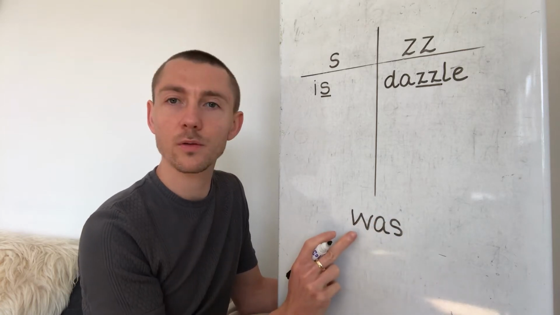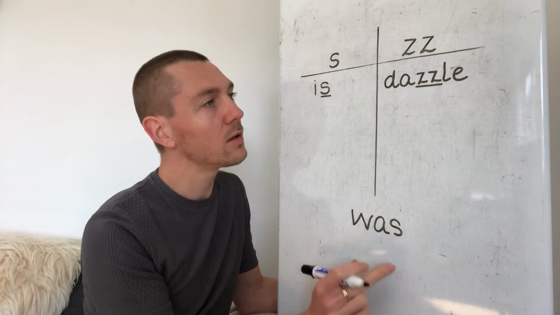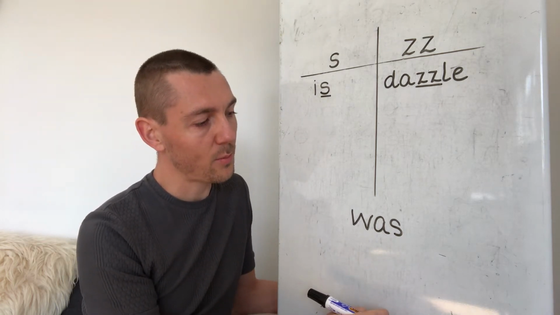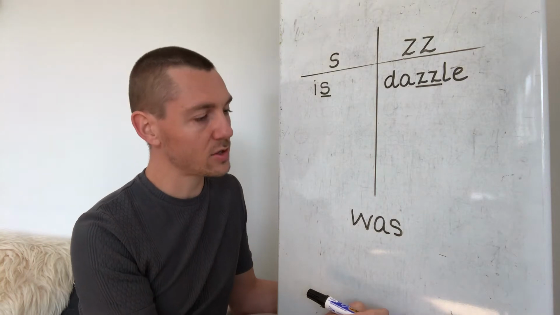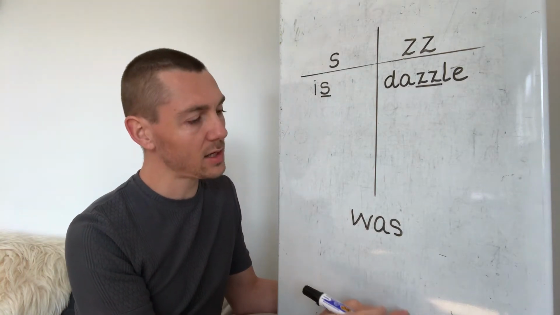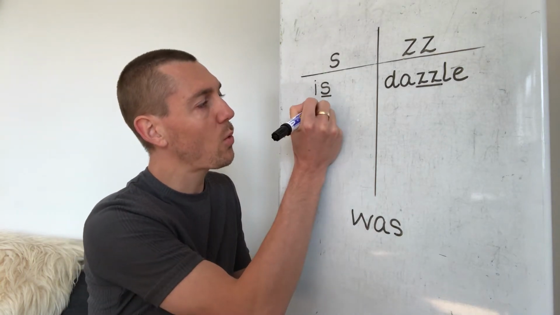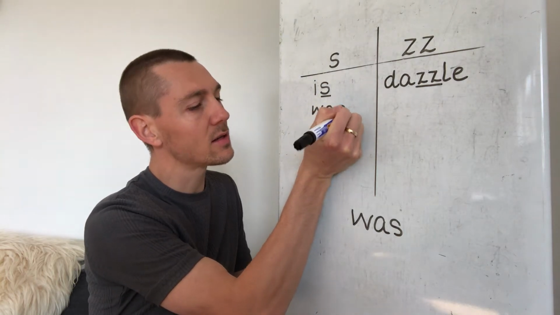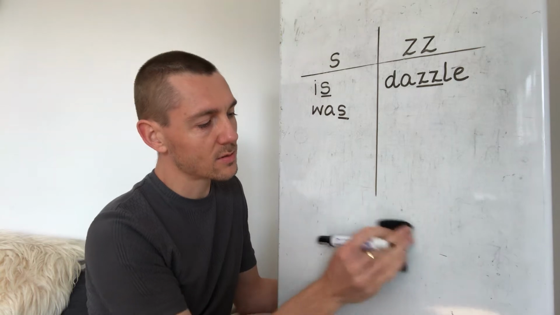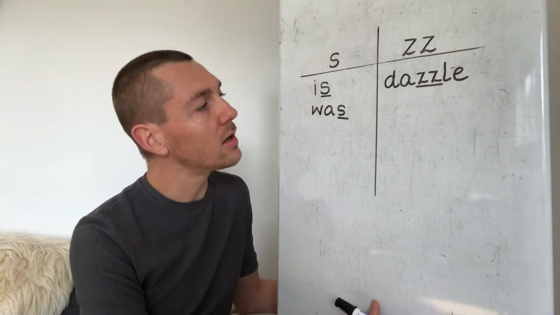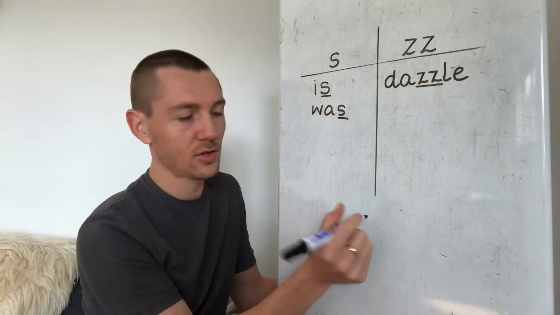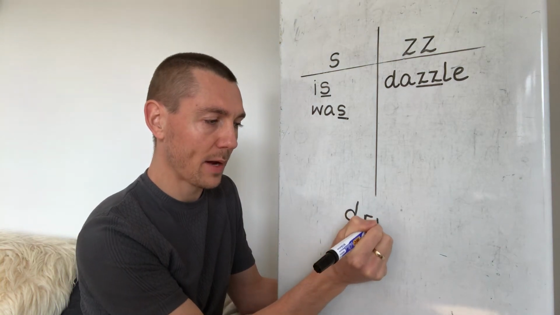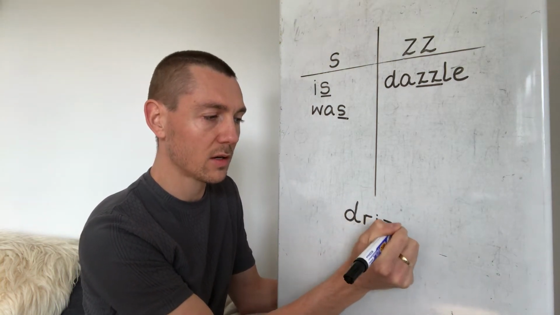Okay, the next word is, one, two, three. Was. Good. So build that into the right section according to its Z spelling. And we have U, R, Z, was. What do you notice so far? Let's try this one and see if it follows the same pattern that we've got so far.